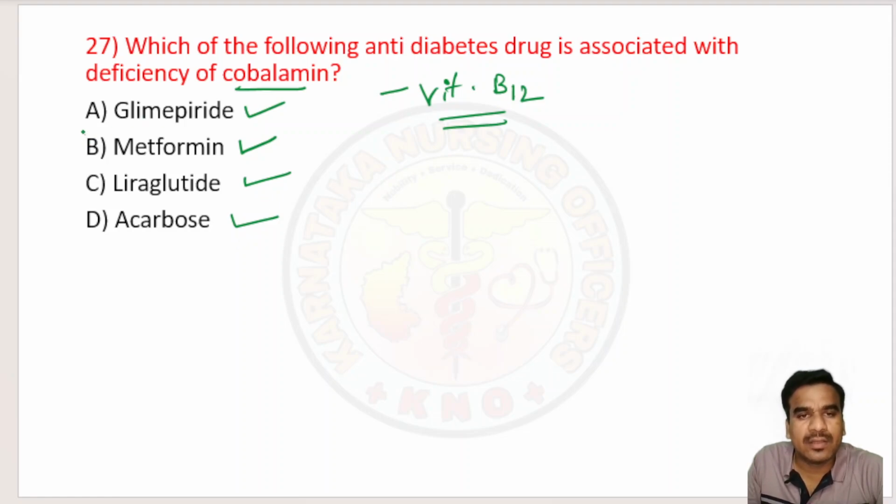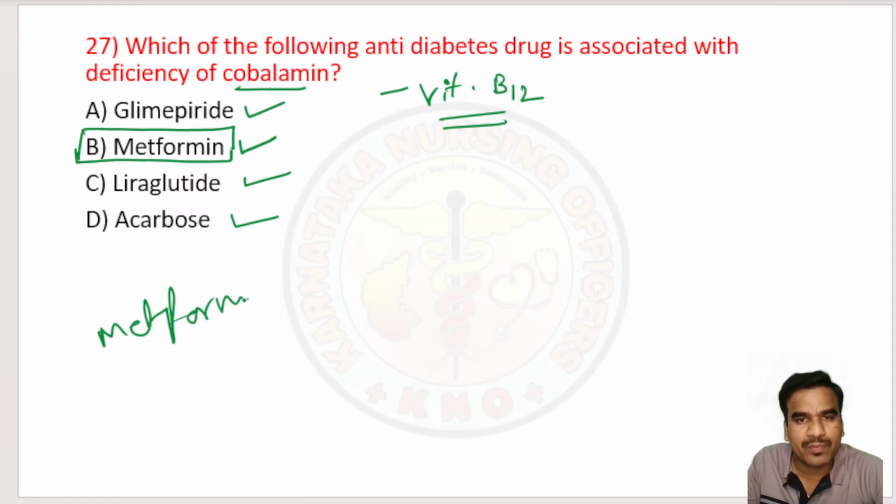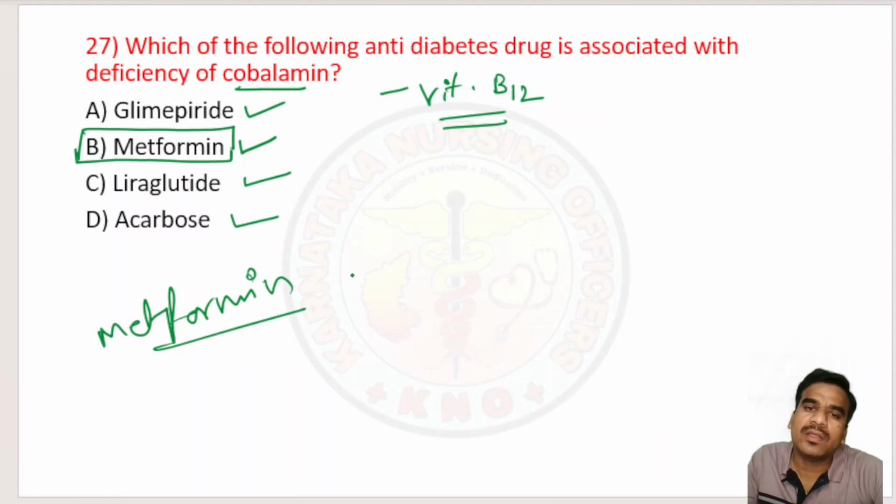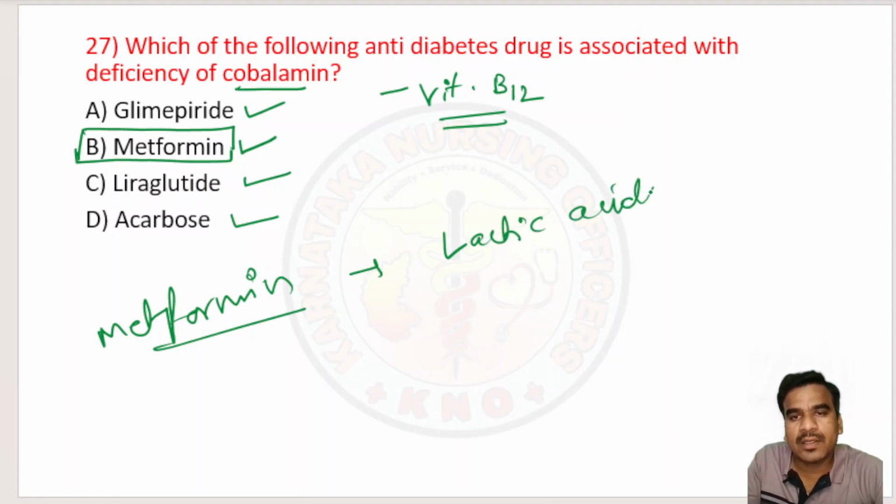The right answer is metformin. Vitamin B12 deficiency is seen with long-term use of metformin. The most serious complication is lactic acidosis.